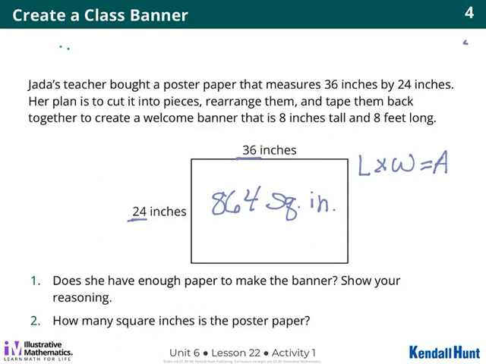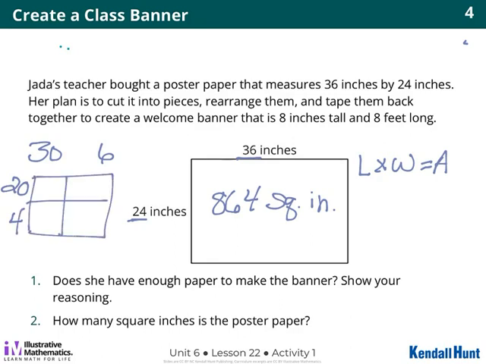If I was to do 36 times 24, I would break it into 36, 24, if I was going to do the box. 2 times 3 is 6 plus 2 zeros. 2 times 6 is 12 plus a 0. 4 times 3 is 12 plus a 0.